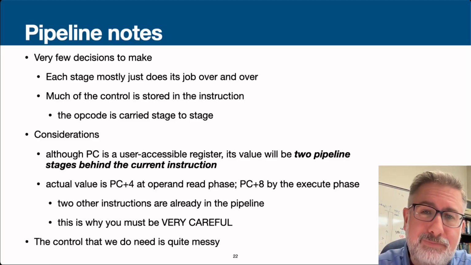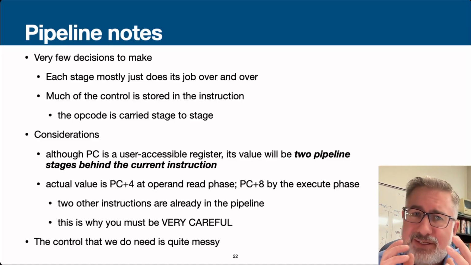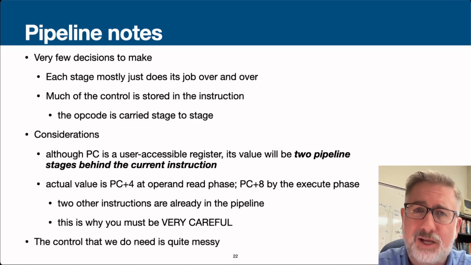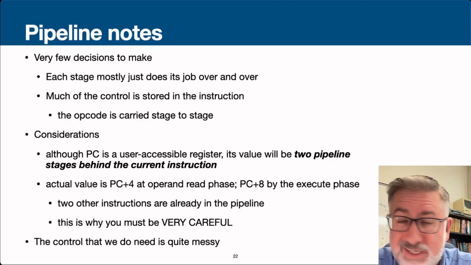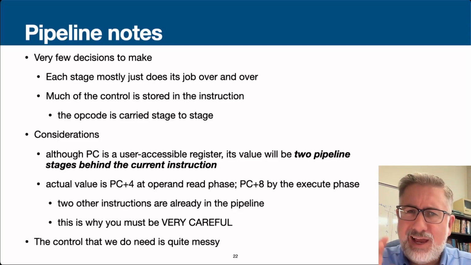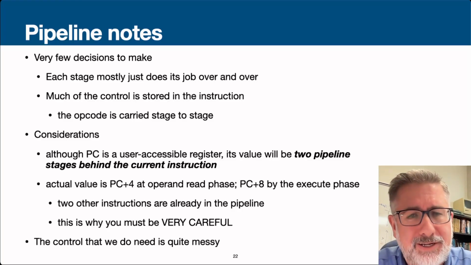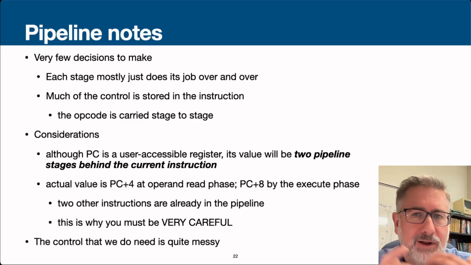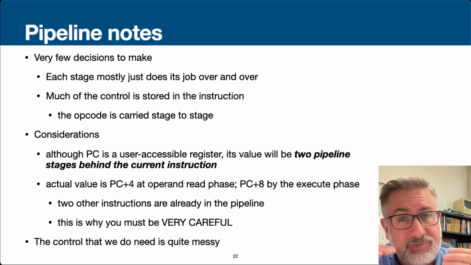The other thing to keep in mind is that if you're operating on the program counter, that needs to be treated differently. A lot of modern architectures treat the program counter as a regular register living in the register file somewhere, and that's fine, but we have to treat it a bit differently in the context of the pipeline, especially if we are adding an offset to it to get to another instruction to execute because of a branch.